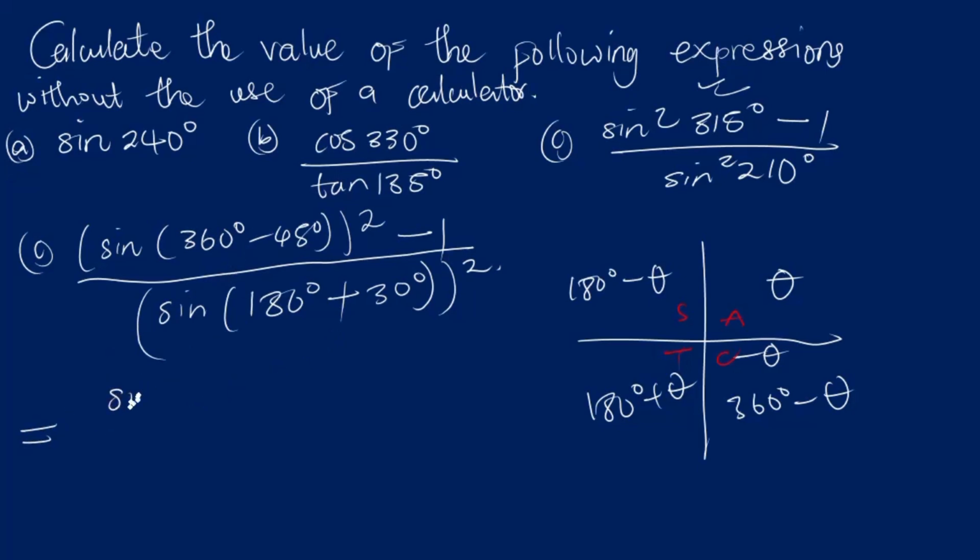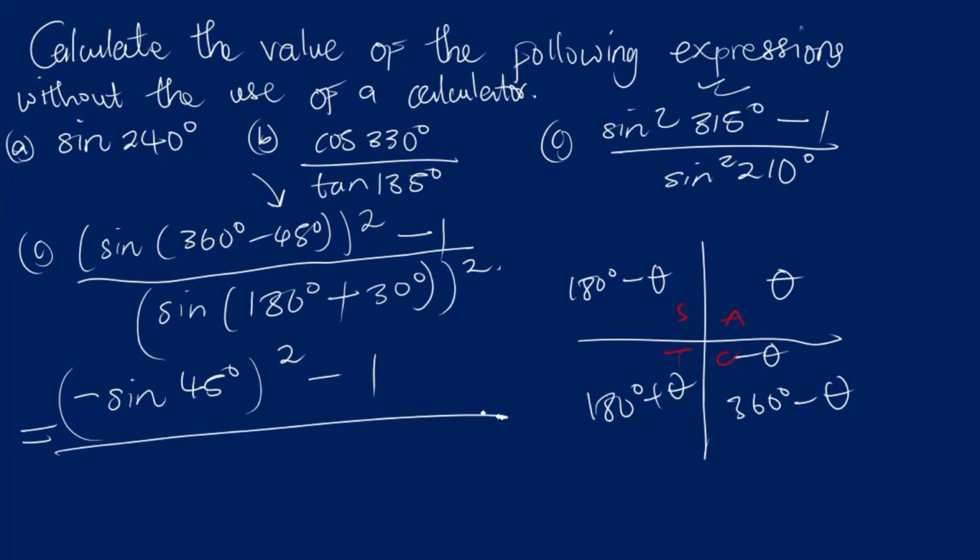I end up having the sine, and then which quadrant is this? This is the fourth quadrant. How is the sine there? The sine is negative, so I have negative sine of the angle in question, which is 45 degrees, right? And then we square that. It equals 1. All set. All over.